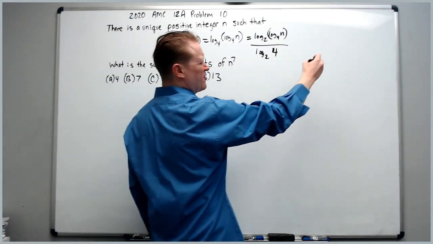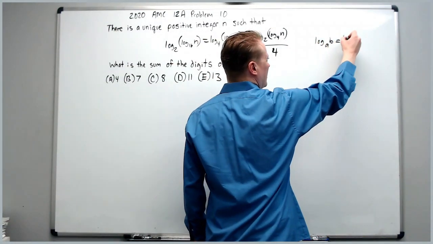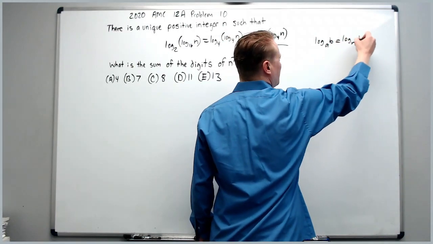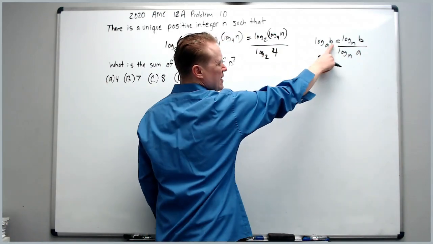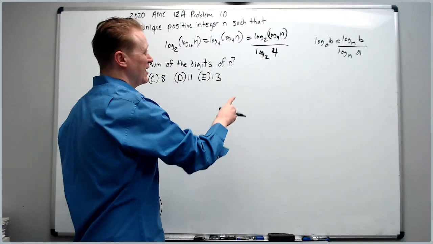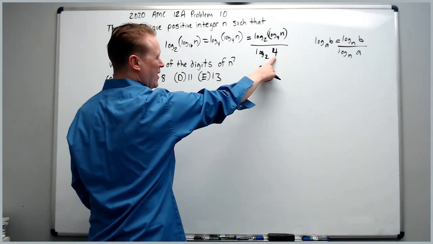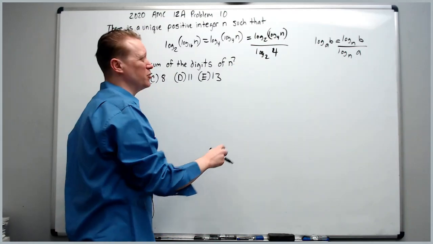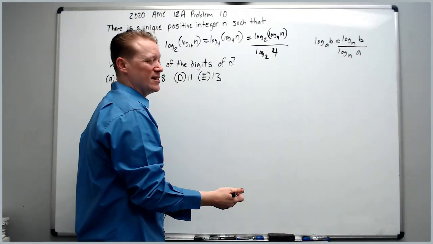Okay, if you don't remember the change of base formula, it's log base a of b equals log base n of b over log base n of a. So the b goes up, the a goes down, and you choose whatever base you want. So in this case, this expression is going up, this 4 is going down, and we chose the base of 2. Now, this becomes log base 2 of 4, which we know is 2.